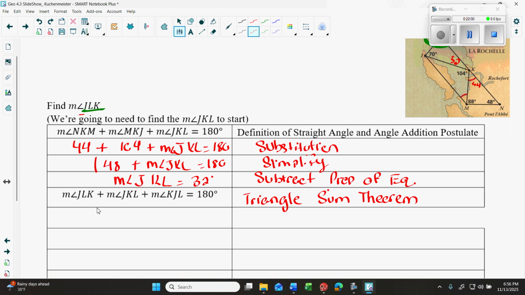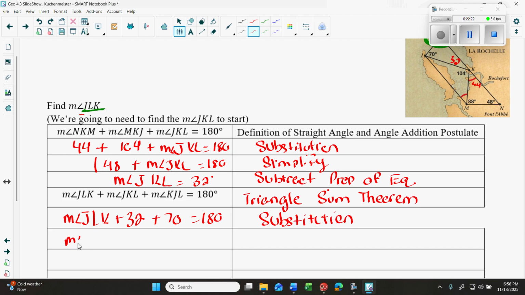All right, so we don't know JLK, so that's what we're trying to find. We just found this in the last step, so that's 32. And by the diagram, this is 70. So that is another substitution. A lot of substitution, a lot of simplify, a lot of subtraction, because there's really just a lot of algebra here.